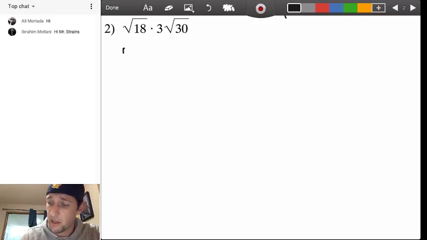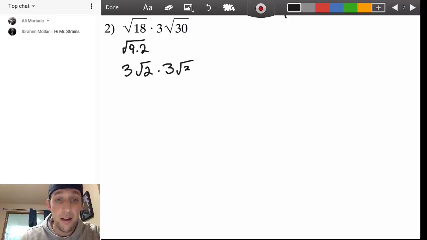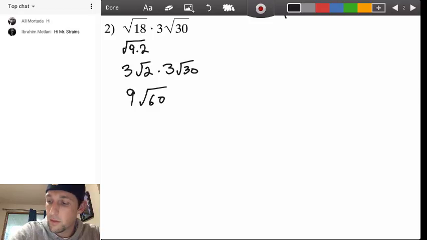So I'm going to change the 18 to 9 times 2 and rewrite that as 3 root 2. So now I've got 3 root 2 times 3 root 30. Now I'll multiply them together. I'll get 9 from my 3 times 3, and I'll get root 60 from my 2 times my 30.